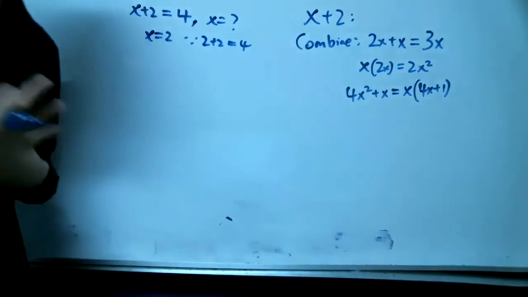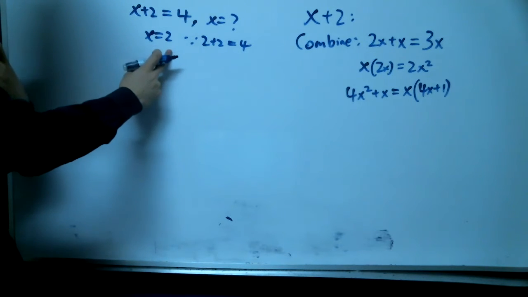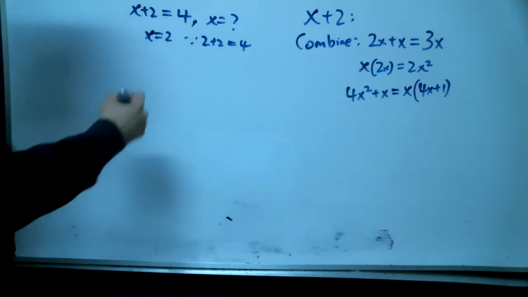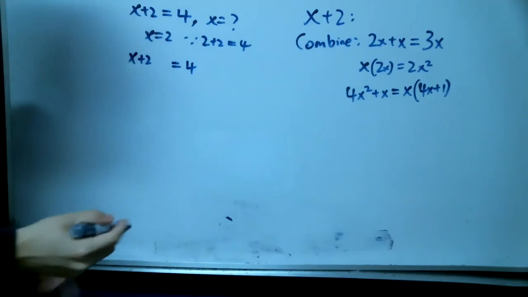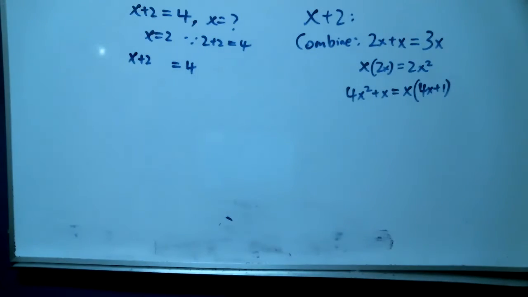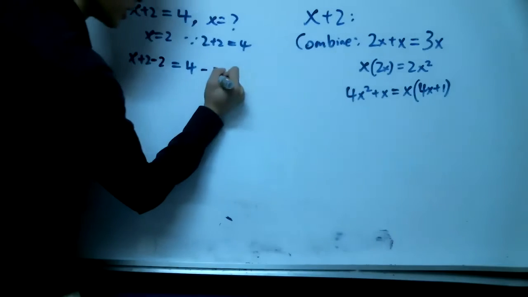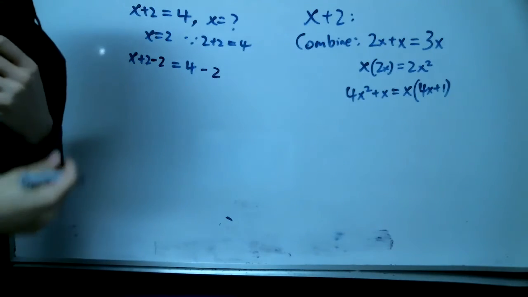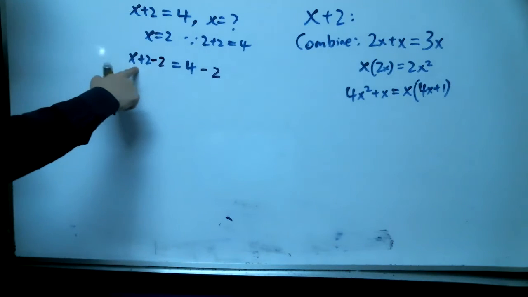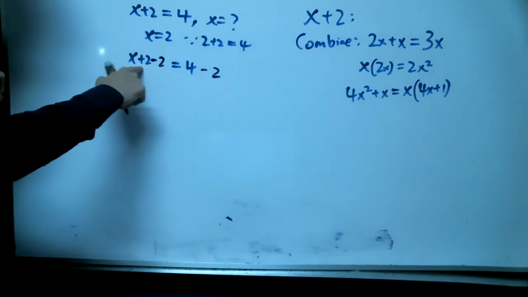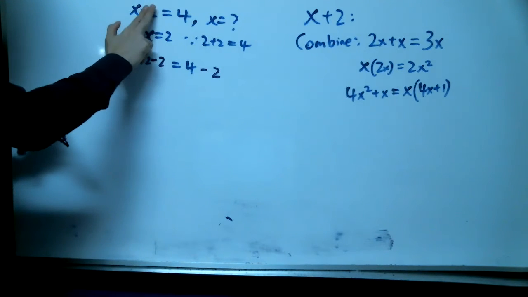But what exactly are we doing when we get this x equals 2? Well, if we write out our equation again, x plus 2 equals 4, what we're actually doing is we are subtracting 2 from both sides of the equation. I know this sounds a bit weird, but bear with me for a second. Because of the plus 2, and we want to get an answer for x, we want to get rid of this plus 2.